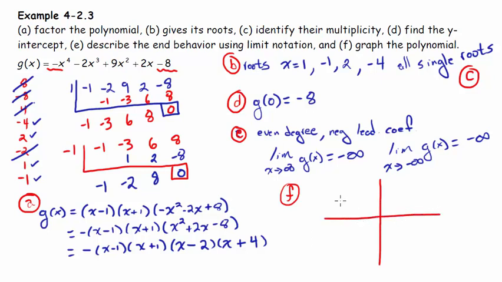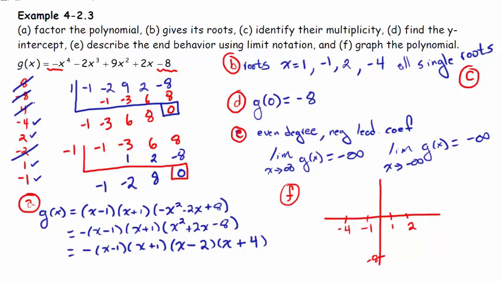Alright, so my roots are at negative 4, negative 1, 1, and 2, and then my y-intercept is down here at negative 8.